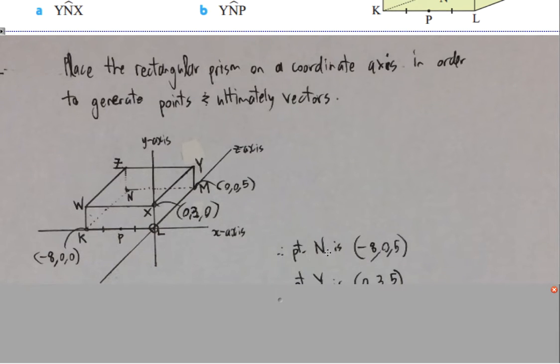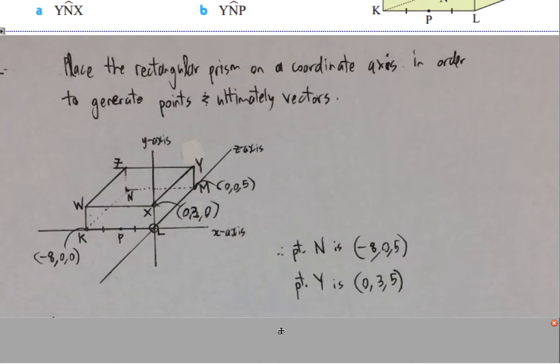That's how we came up with point N, negative 8, 0, 5. And point Y, which is also going to be required for that angle, is on the x-axis, we aren't going left or right, but on the y-axis we're going up 3, and on the z we're going 5 units. Hence, those two particular coordinate points.